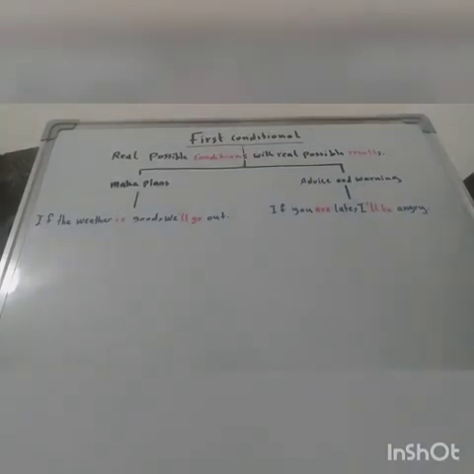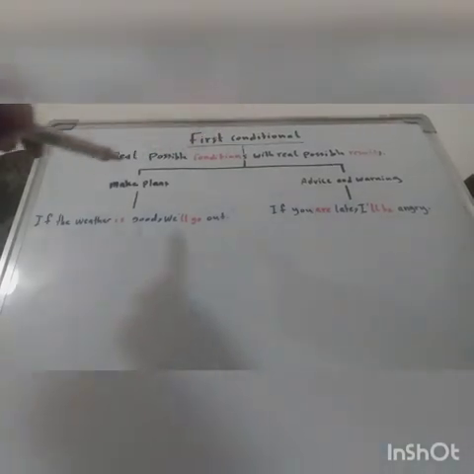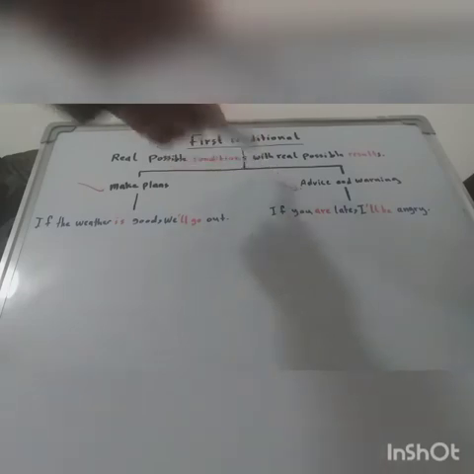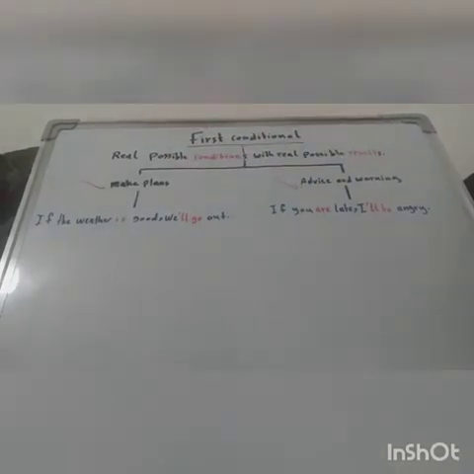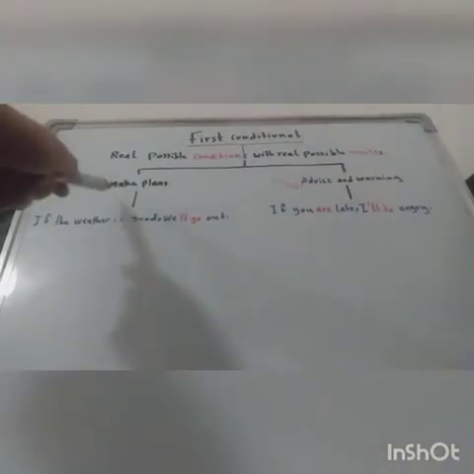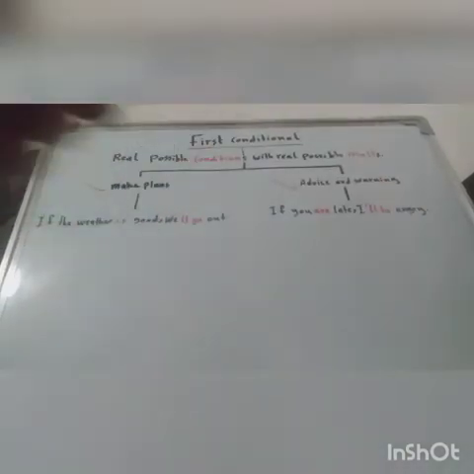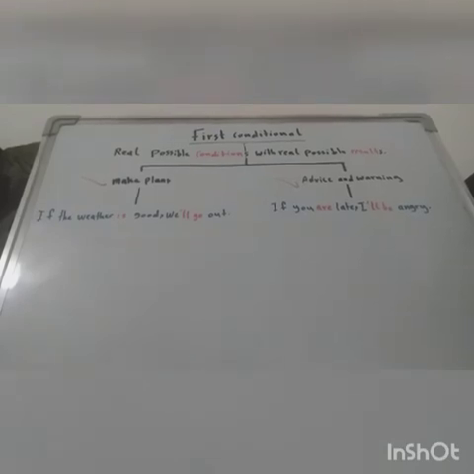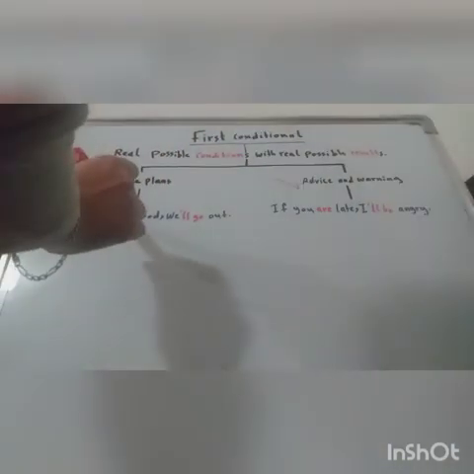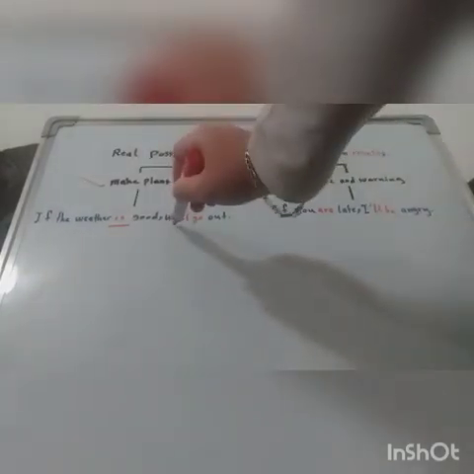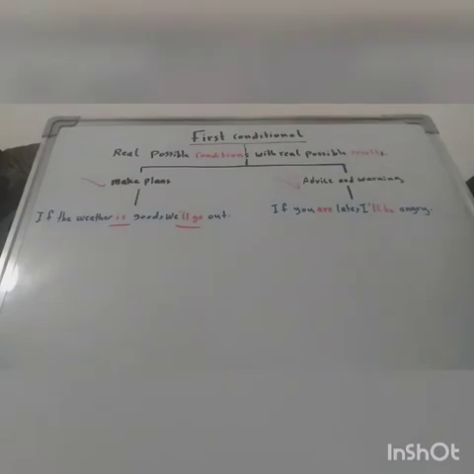To help you know which conditional to use, often we use the first conditional when we make plans or when we give advice or warning. So here's an example of how we make plans. If the weather is good, we'll go out. So here's the verb to be in the present simple form and will plus the infinitive.